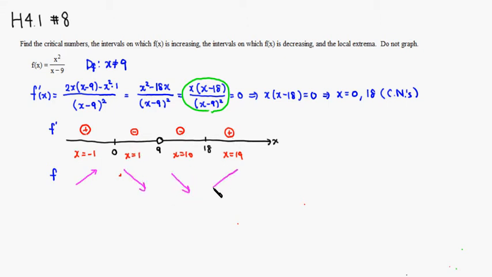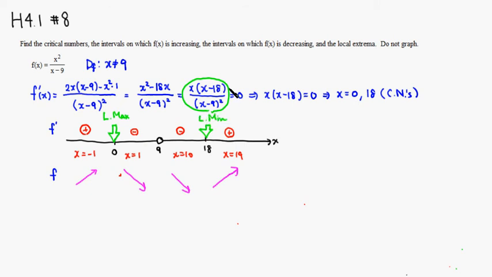Here it's increasing. So it's easy to tell that right here, increasing turns into decreasing, so it's going to be a local maximum. Here decreasing turns into increasing, so this is going to be a local minimum.